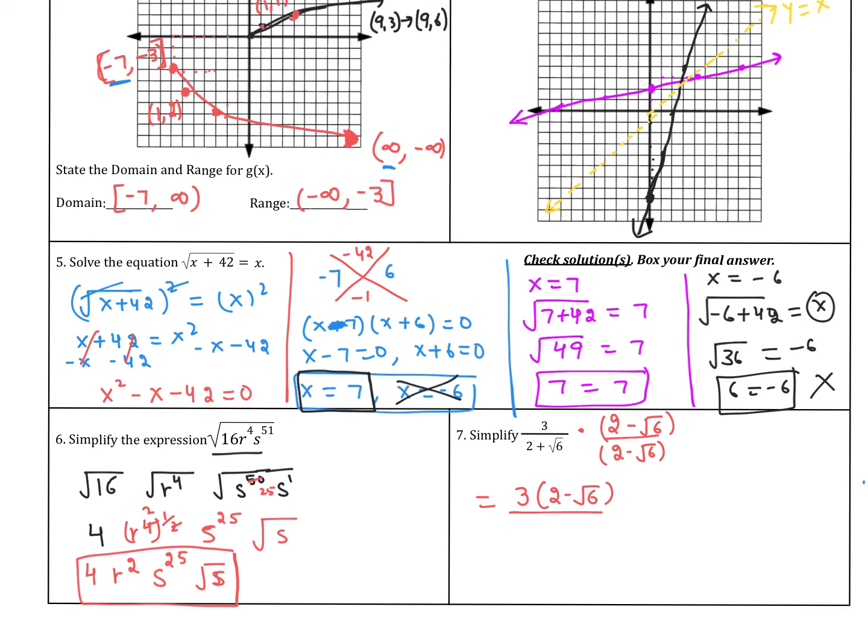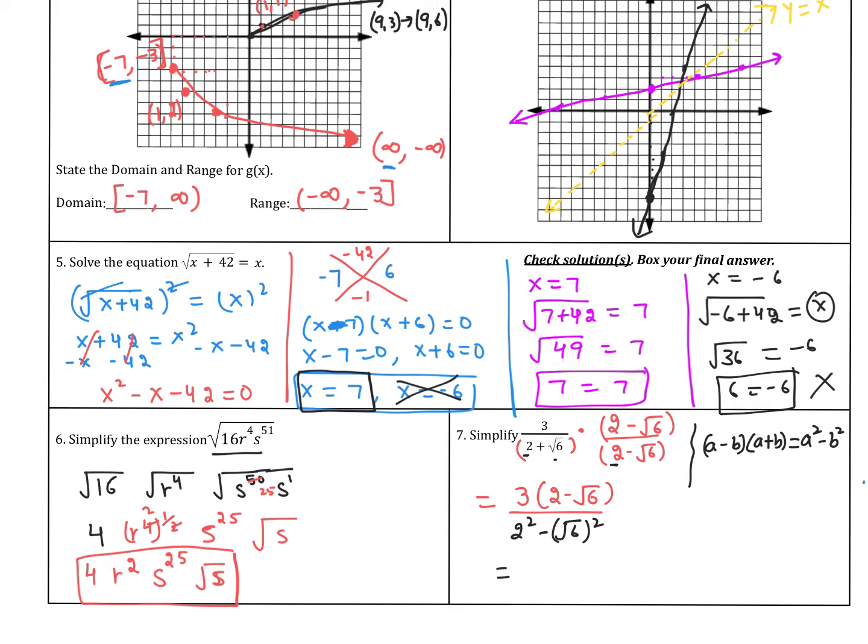On the bottom, we're applying the formula: a minus b times a plus b gives you a square minus b square. In this case, you have a as 2, so 2 square minus square root 6 square.